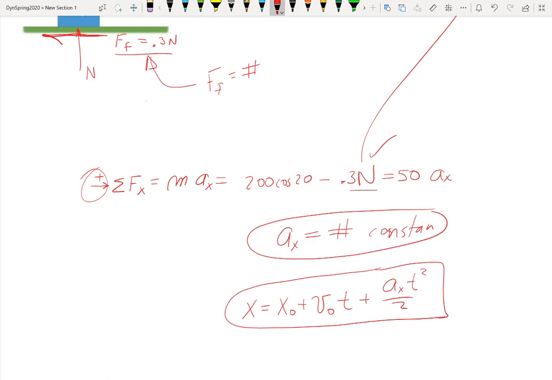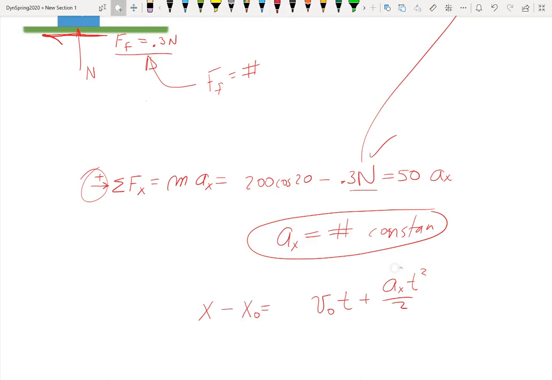The question is, how far did it move? Then essentially I can take this term, move it over, take this term, move to that side of the diagram, put a minus, take all of this.